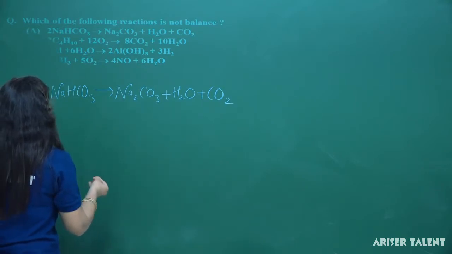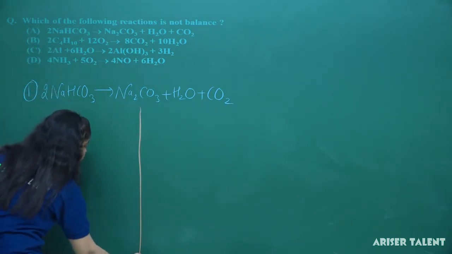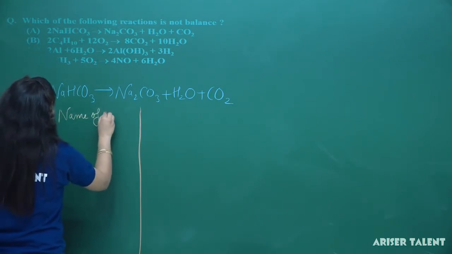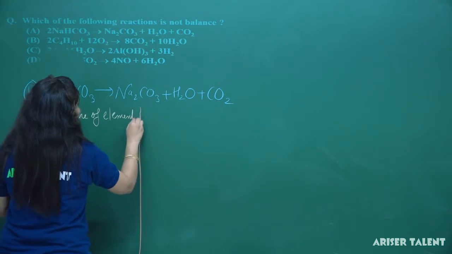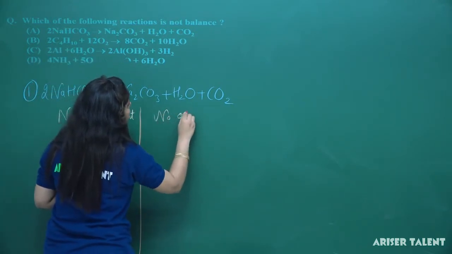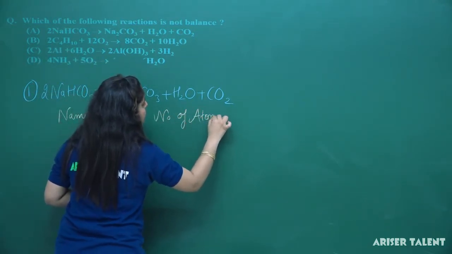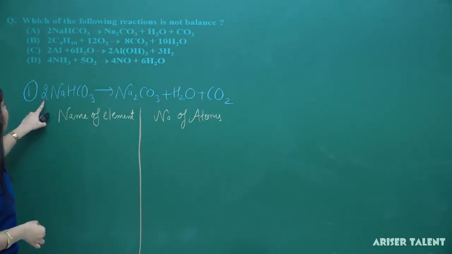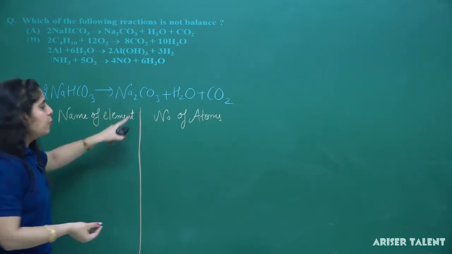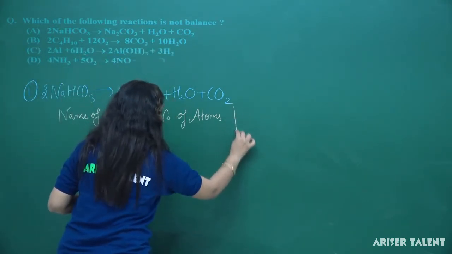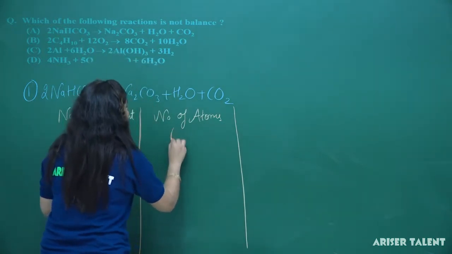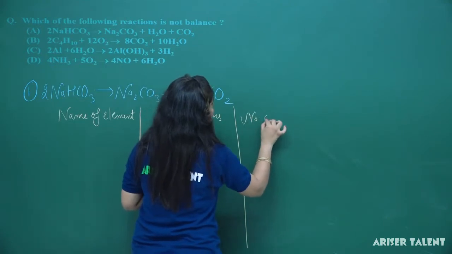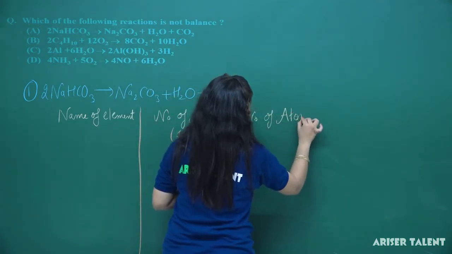Now we will write the name of the element here and number of atoms here. So here, name of element, and our second category is number of atoms in LHS and number of atoms in RHS.